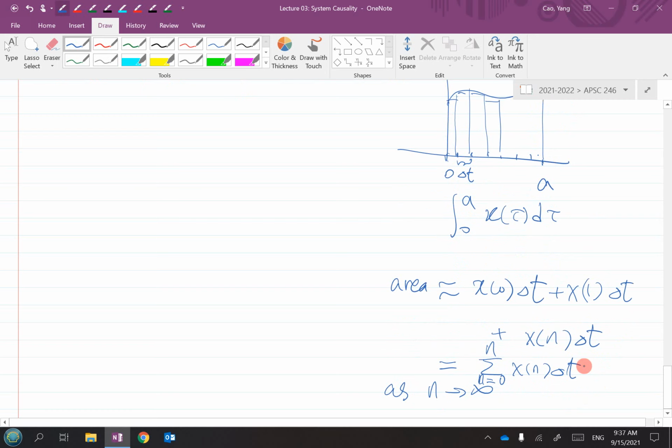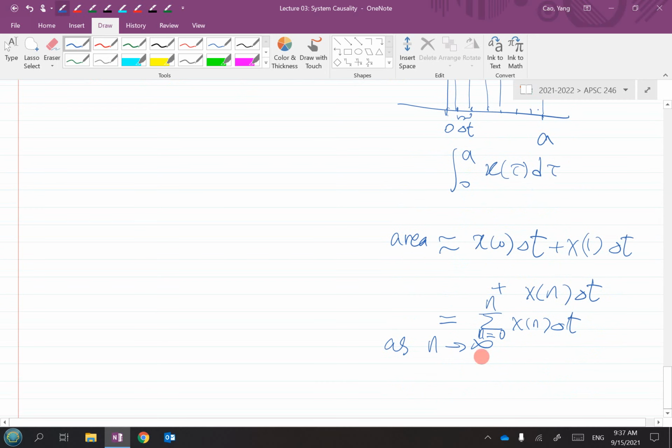As n goes to infinity, this summation sign becomes the integral sign. The summation sign is an approximation; the integral is the accurate value. You have the limit 0 to a, x becomes, let's call it tau here, and delta t becomes d, so the delta becomes a straight d. That's the limit concept: small change becomes differential change.